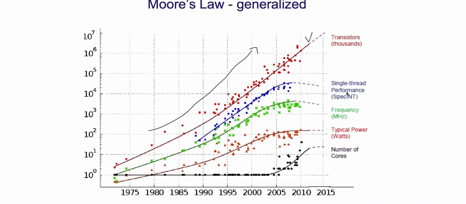Now, if you go to the single thread performance of chips, you see something surprising. About 2010, they reach saturation, which means you get more transistors, more devices, but you don't get better performance from your chip. The frequency of our devices was stuck, as you know, at about 3, 4, 5 gigahertz.